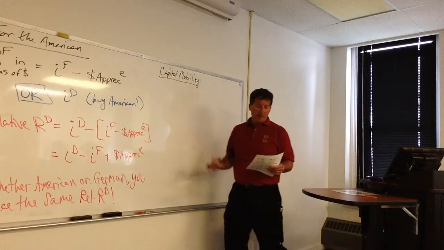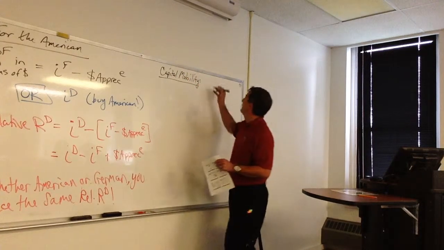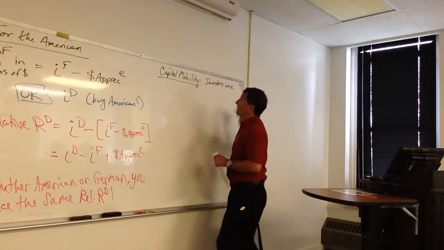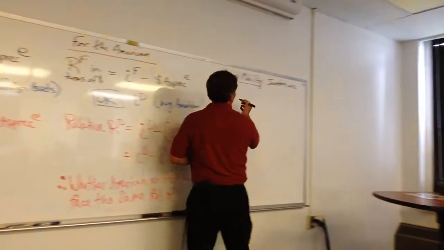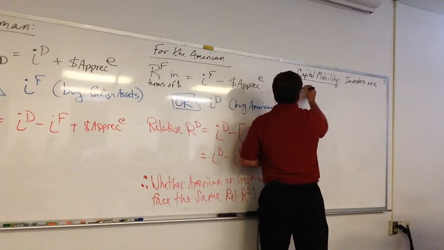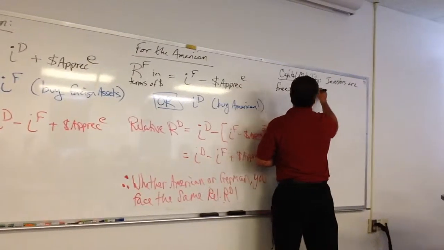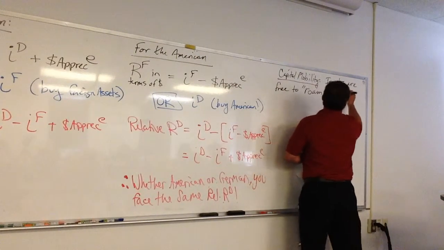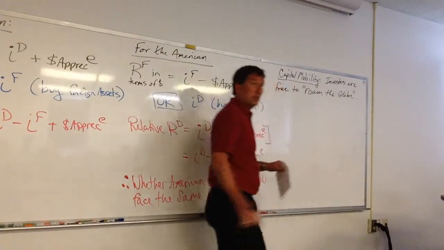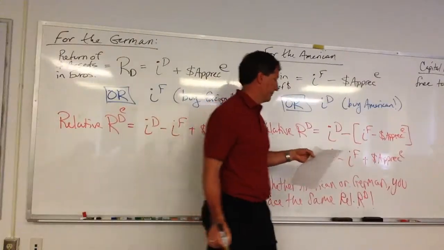And in this case, we have that type of mobility. Because of the international marketplaces that have evolved over time, the institutions that we have, investors are free to roam the globe for the highest return on financial securities.